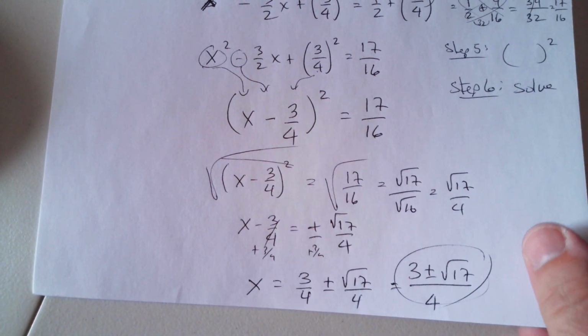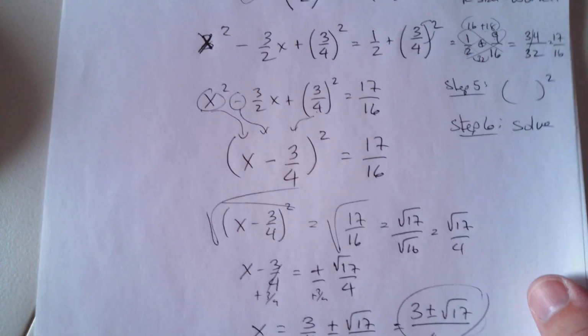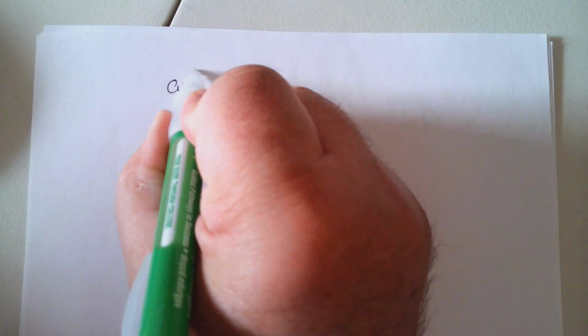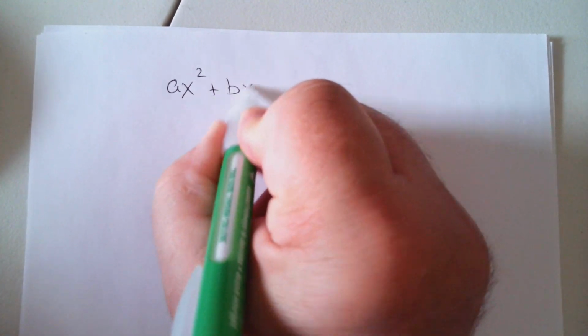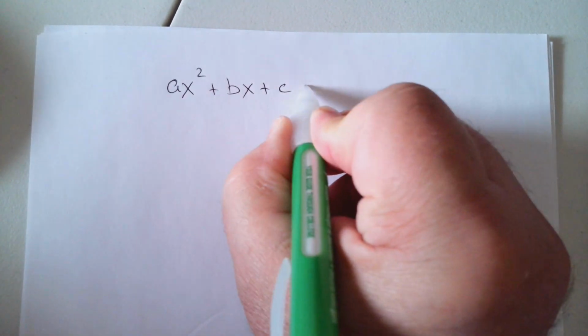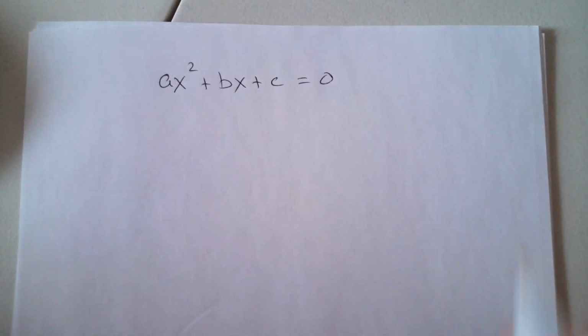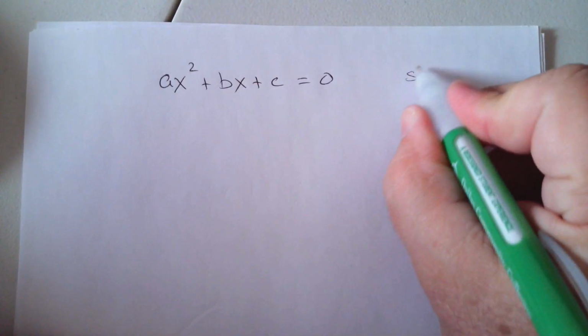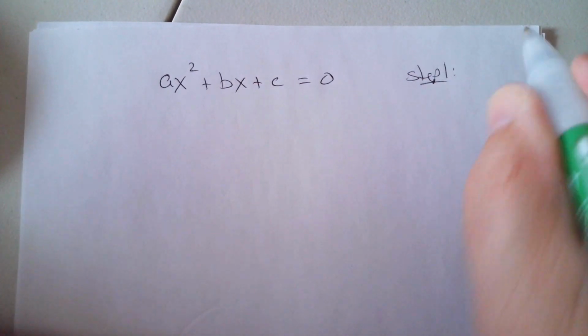So far so good. Let's do one more. This time without numbers. Ax squared plus bx plus c equals 0. Step 1.